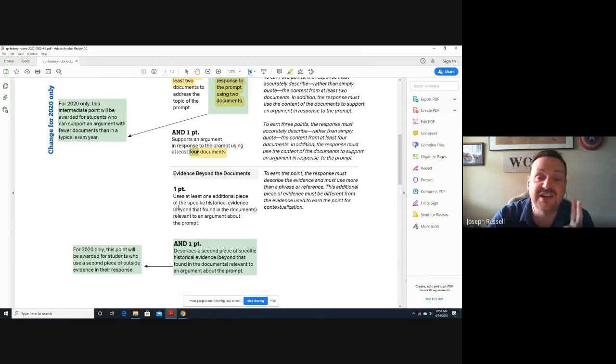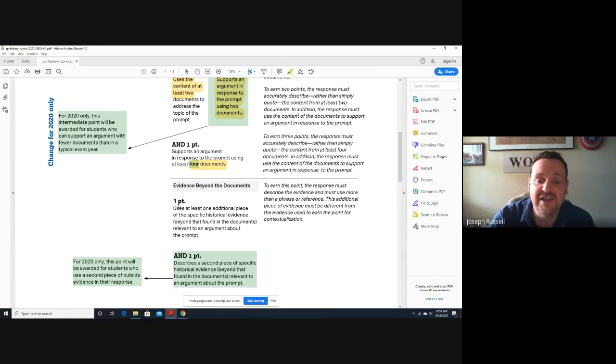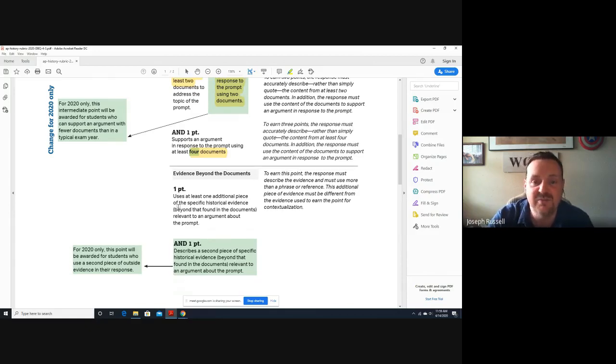Now they've given you an opportunity for a second point, right? If you can do that with 2 pieces of specific historical evidence outside the documents, outside information, if you will, right? Then you can earn a second point here.